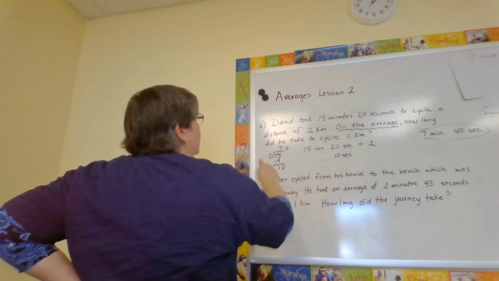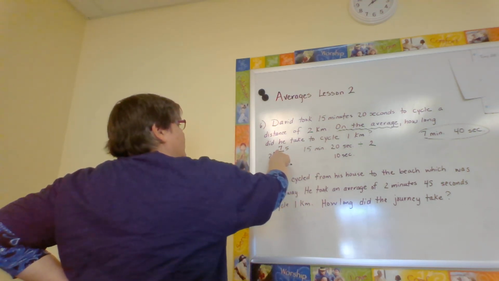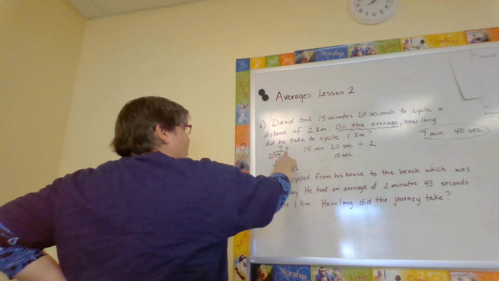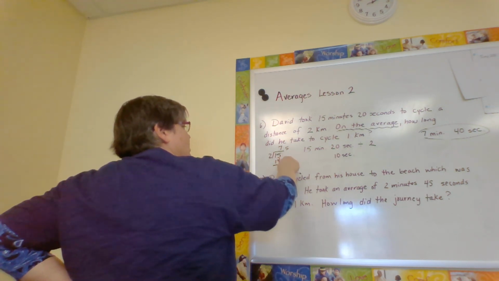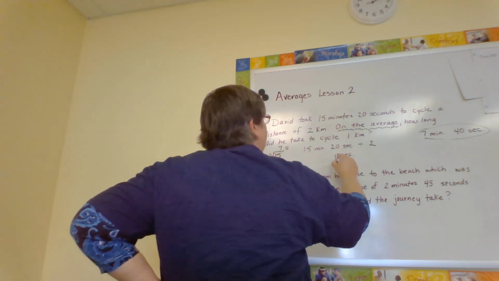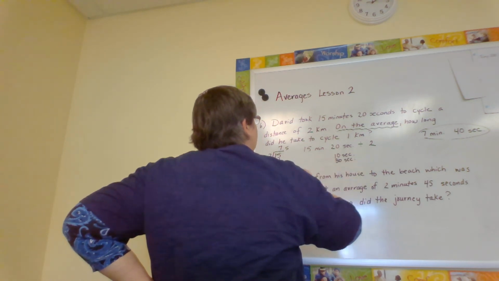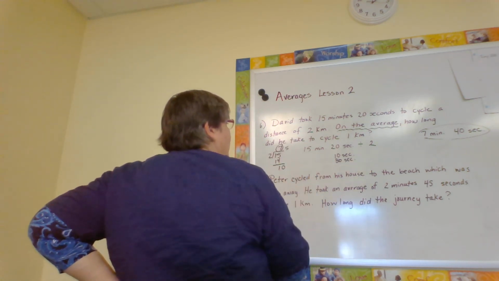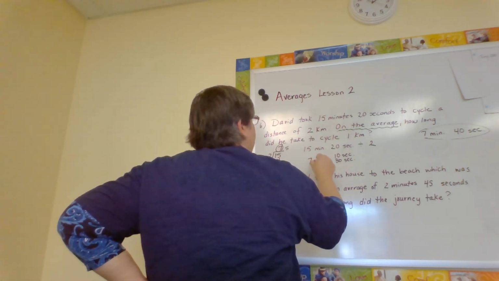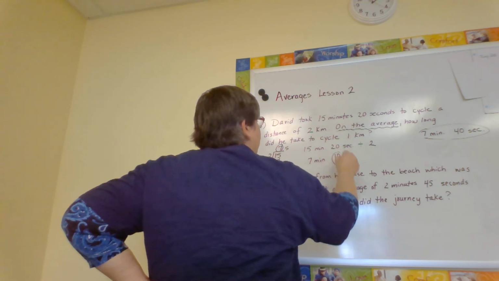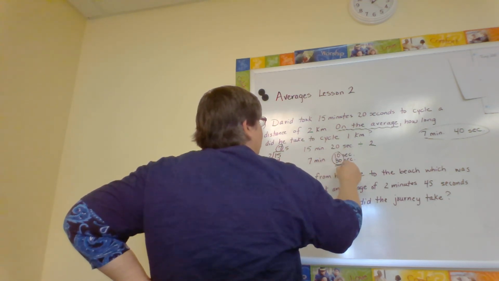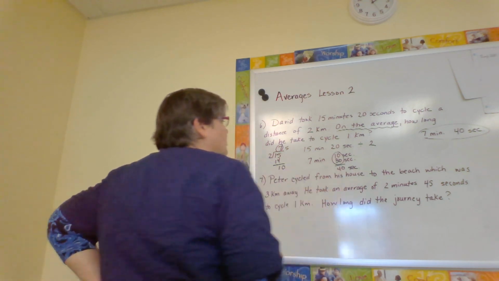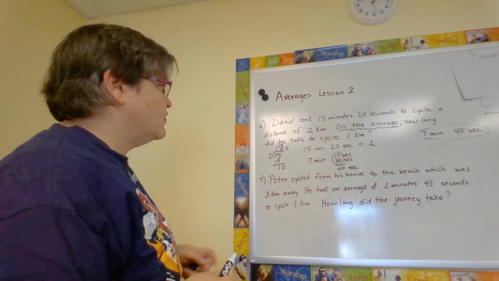So 7 minutes, and then half a minute. Half a minute is 30 seconds, right? So those are your seconds. Here's your minutes, 7 minutes. Add those together, and you get 40 seconds. So you still have the same answer, 7 minutes, 40 seconds.